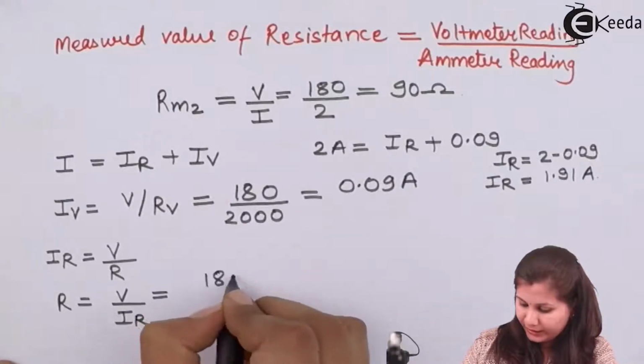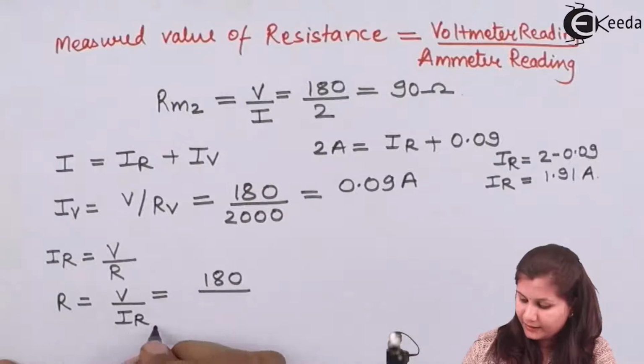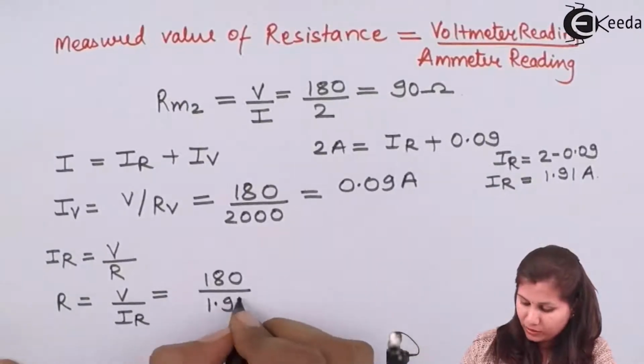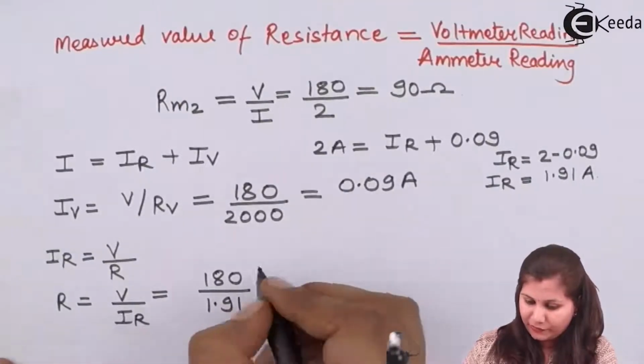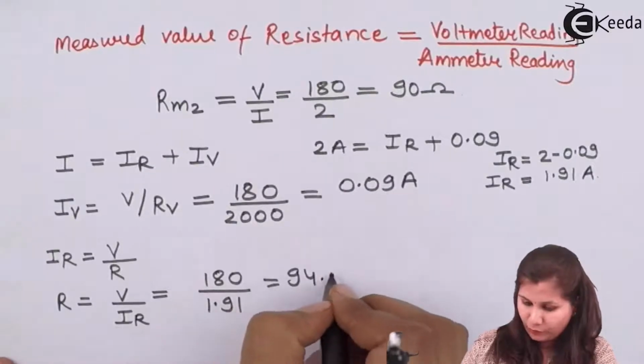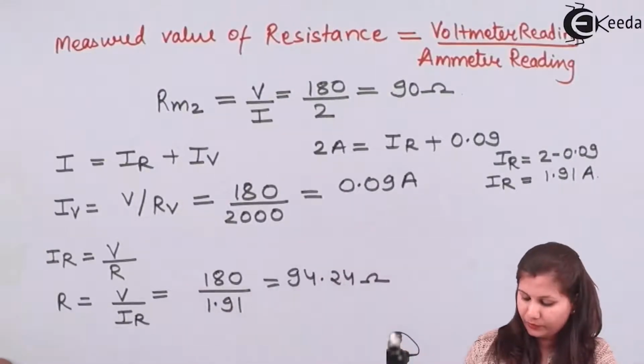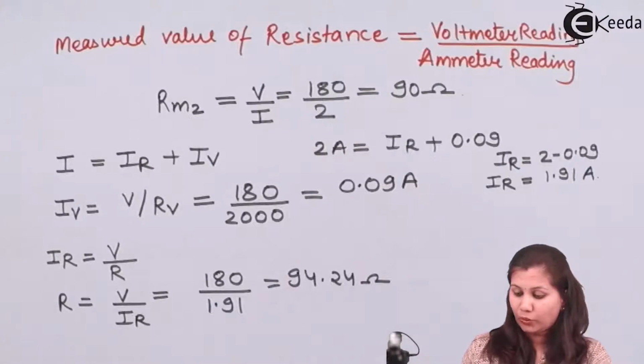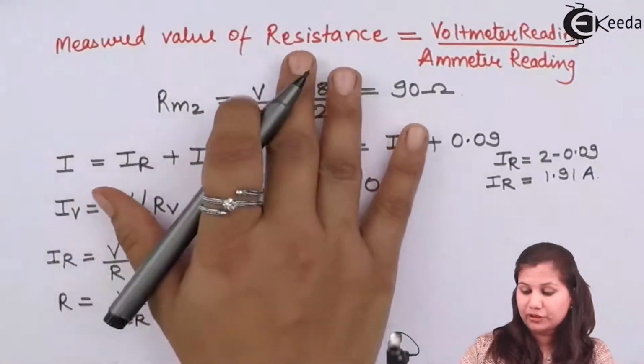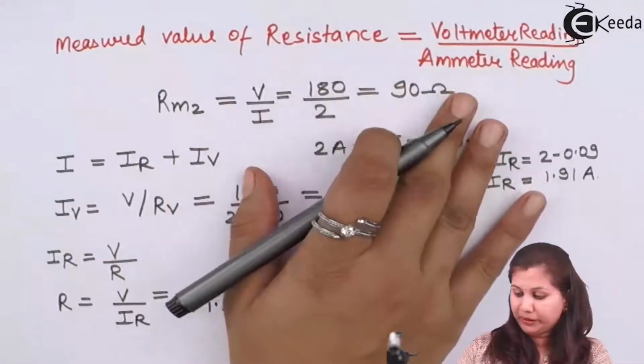V is again 180 and IR is 1.91. So we will get the value of resistance as 94.24 ohms.